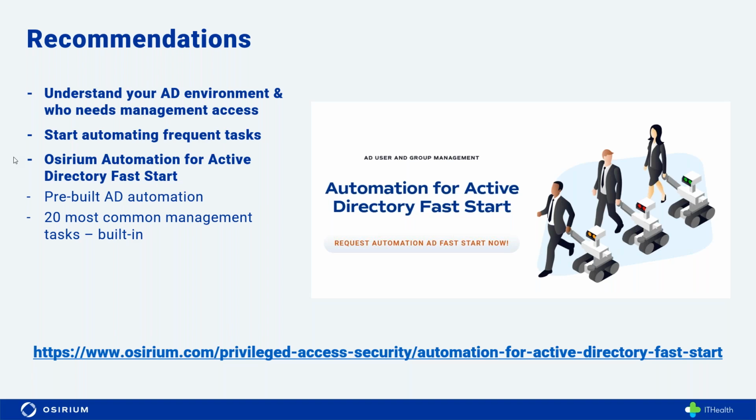So if you want to install it in a virtual machine in the cloud, that's fine as well. It comes bundled with HashiCorp for your secure vault, but if you've got another vault that you'd like to use, then we can integrate with that. And Osirium PAM is the other one that's out of the box in there as well, but you don't need PAM to get started. Great, okay, that makes sense.